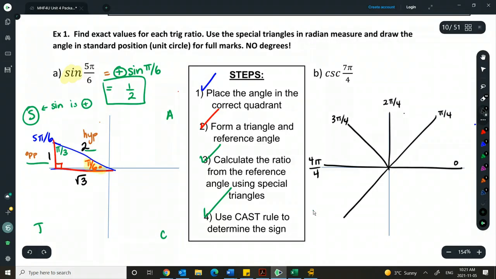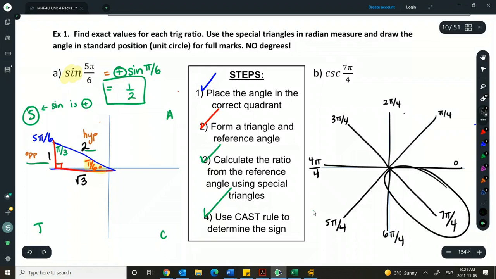And then if I split the next one into 4 equal slices, this will be 5 pi over 4, 6 pi over 4, and there's 7 pi over 4. So this is the one that I want.